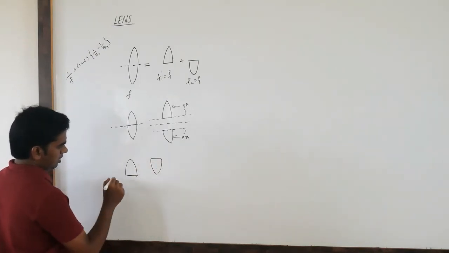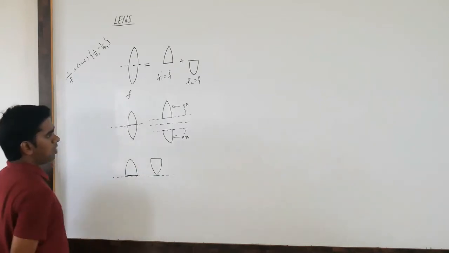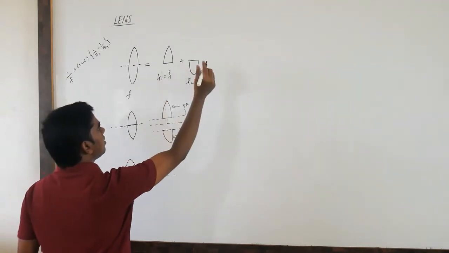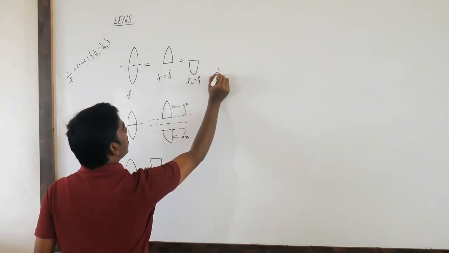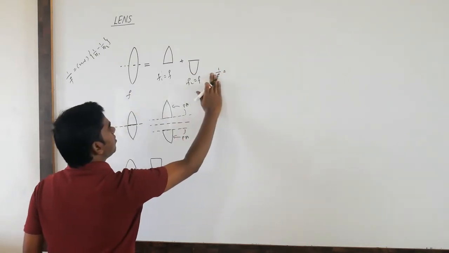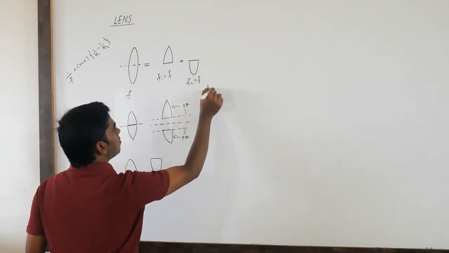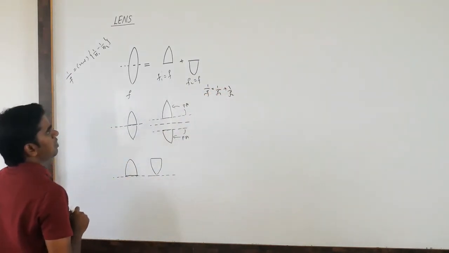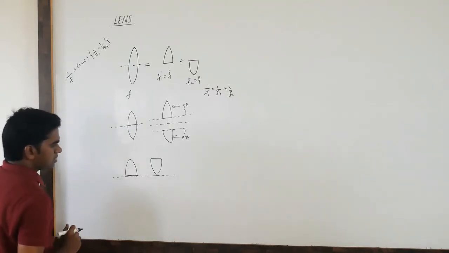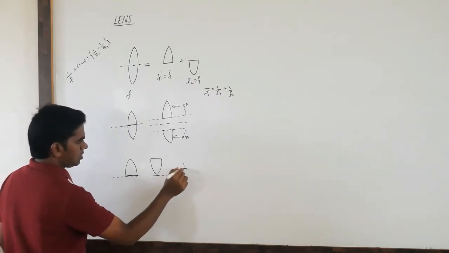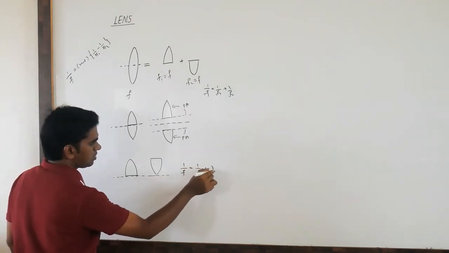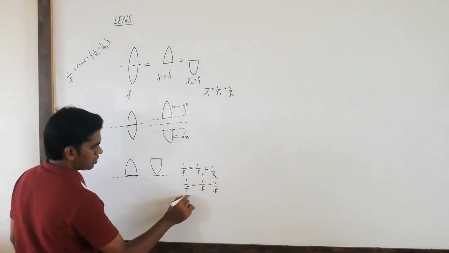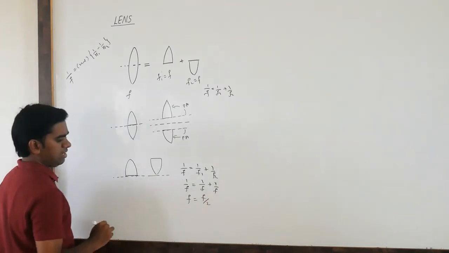Suppose you have one lens here and another lens put inverted, and this is your principal axis. What will be the equivalent focal length? If you use 1 by f equals 1 by f1 plus 1 by f2, with f1 and f2 both equal to f, you would write f equals f by 2.